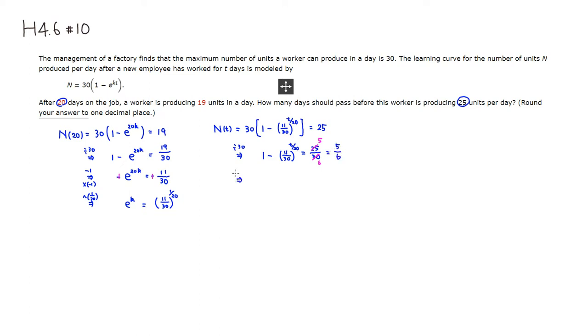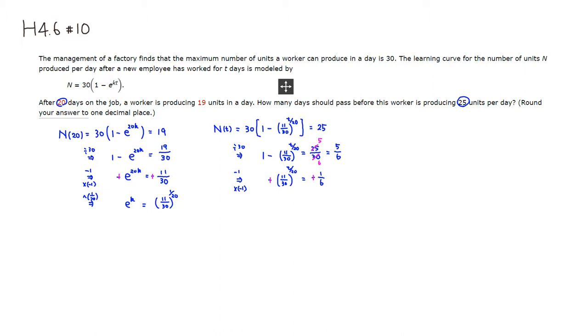Then I'm going to subtract 1 again, so it's negative 11 over 30 to the t over 20 equal to 5 over 6 minus 1, which is negative 1 over 6. Again, I'm going to multiply both sides by negative 1 so that they both become positive.